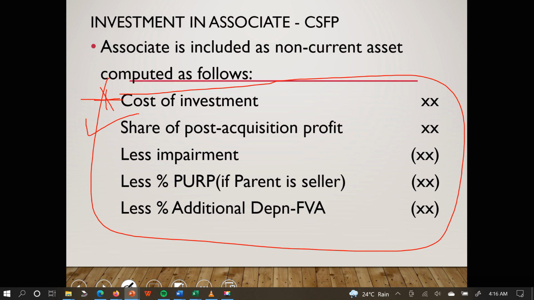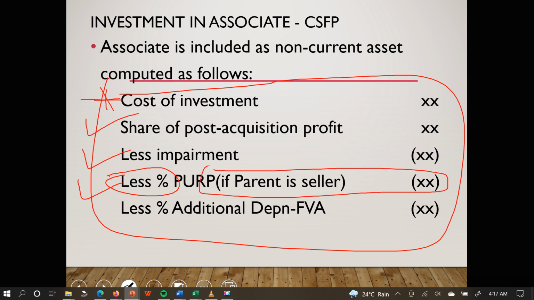So it could be profit, it could be loss. If the investment is impaired, you deduct it. If there is an unrealized profit, you deduct the investor's share of the unrealized profit, and you deduct it here if it is the parent who is the seller.